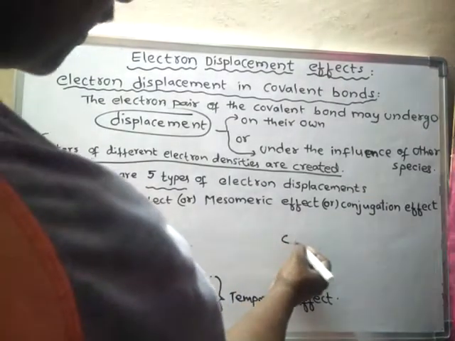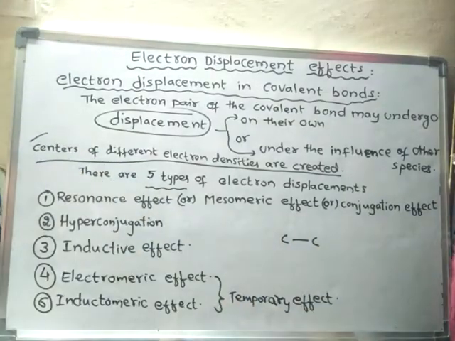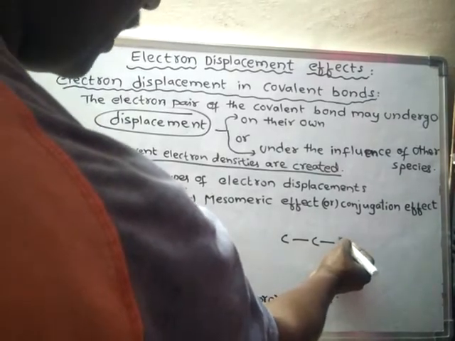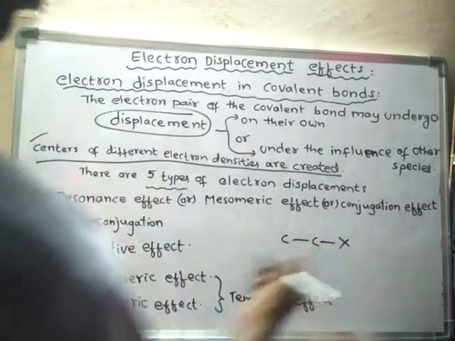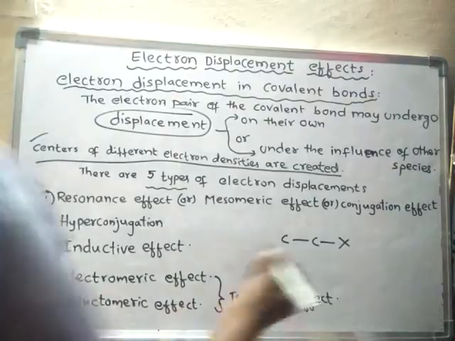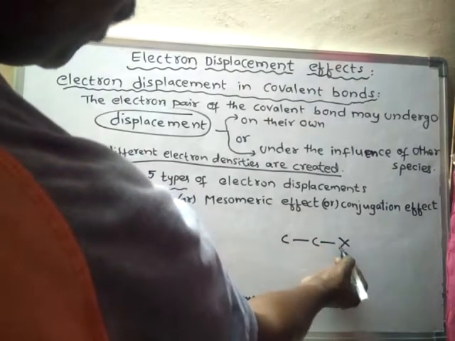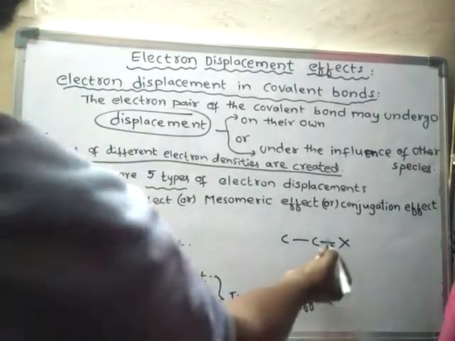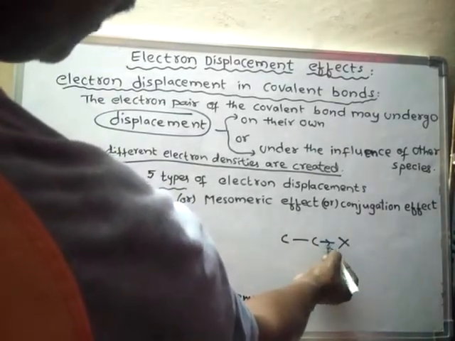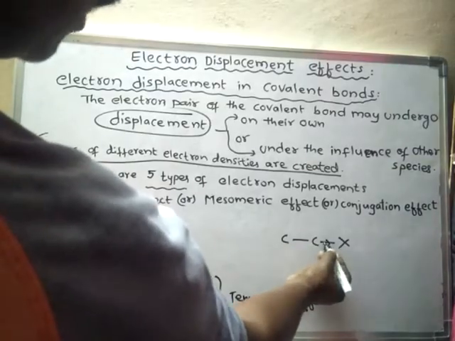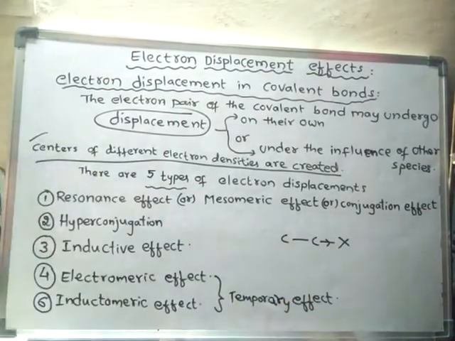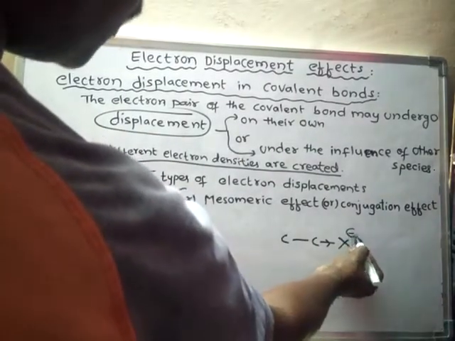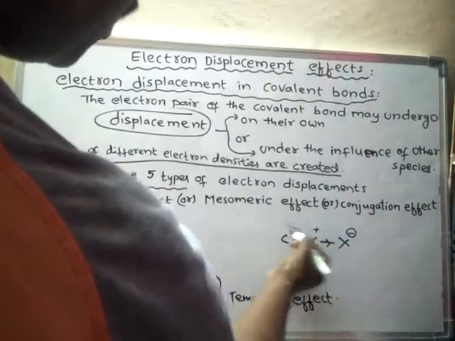For example, if there is a bond between two carbon atoms, and this carbon atom is attached to a more electronegative atom, what happens? This more electronegative atom, because of its nature, will try to pull the electrons of this electron pair of this bond towards itself. As a result, it acquires a negative charge and this one acquires a positive charge.